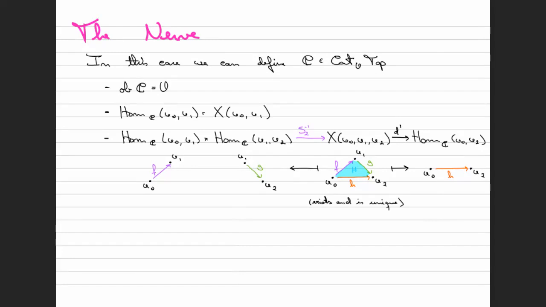We have to take two composable arrows, let's say F and G. Now we know that the second Segal map is an isomorphism, so it has an inverse. And that inverse fills this spine up into a triangle. Moreover, this triangle is unique. It always exists and is unique.